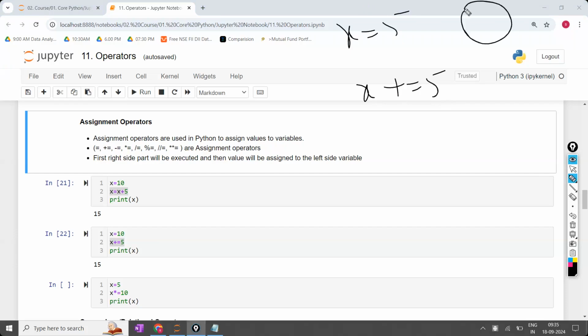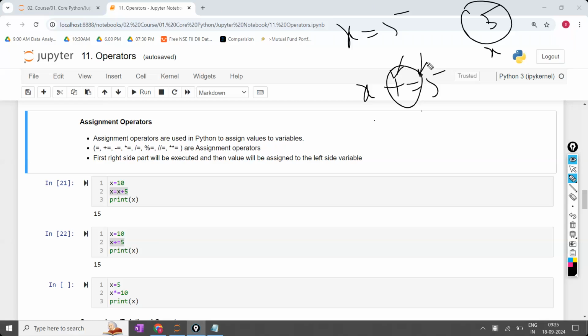Here it directly assigns the 5, but here it is not assigning first, it is performing the operation. What operation means? x is equal to x plus 5, that is first 5 plus 5, 10, and later it is going to assign. So arithmetic operation followed by assignment operator. Two things it is going to do.